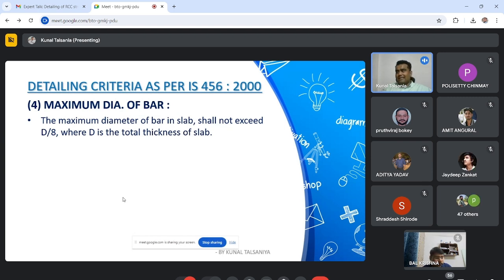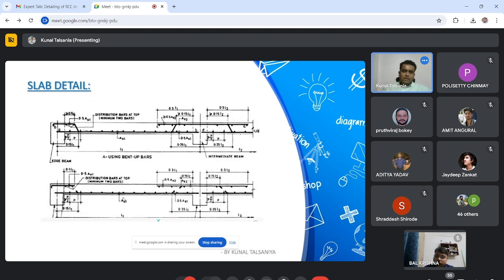The code has suggested that D by 8 is the limit. The maximum diameter of bar in slab shall not exceed D by 8, where D is the total thickness of slab. So you have to keep in mind that you cannot provide more than these limitations as per IS 456.